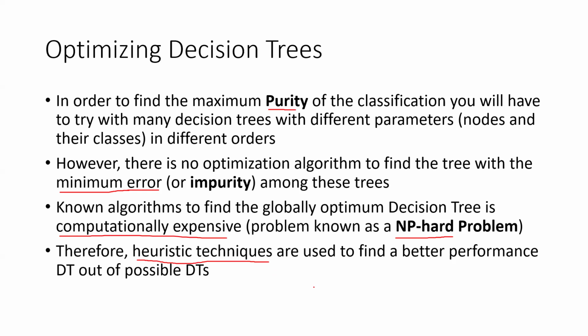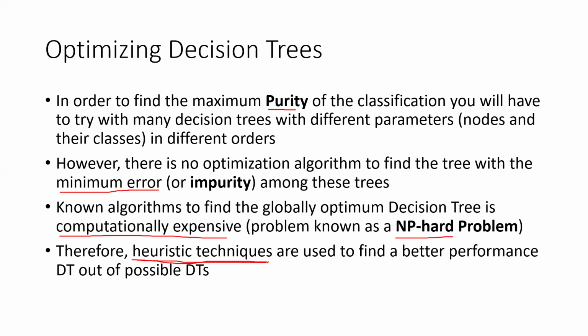That means it may not be the optimum one, but it would be a better decision tree among the possible decision trees. The idea of using heuristic algorithms is to compute the optimum decision tree within a finite time, right? You don't have an infinite amount of time or infinite computing power.